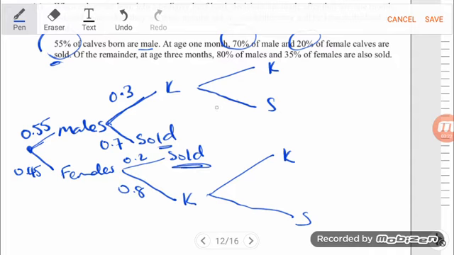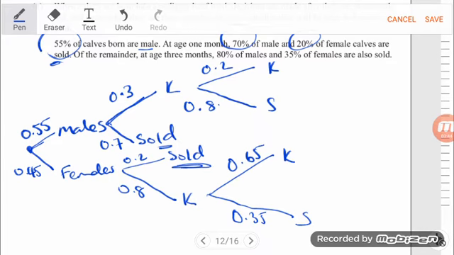Got males on top, so 80%, 0.8, 0.2 sold. 0.35 of females are sold, which makes that 0.65, as 1 minus 0.35 is going to equal 0.65.